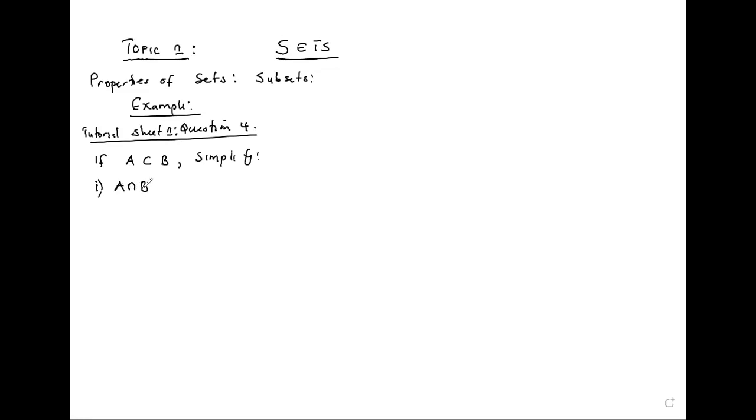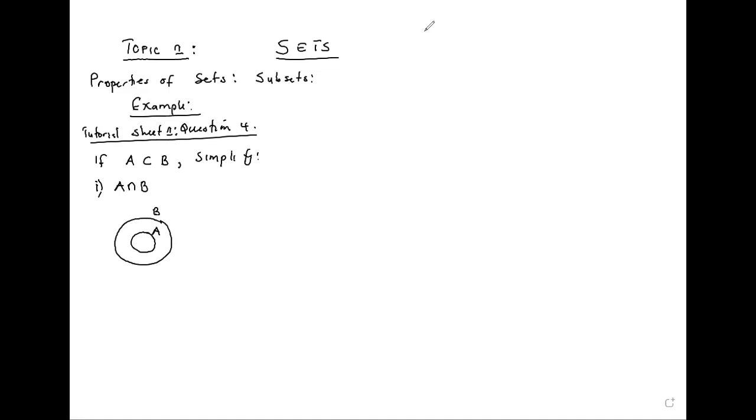So we're talking of B being this set here. This is B, and then inside B, you have A. Then we say A intersection B. So intersection is what is found in both sets.